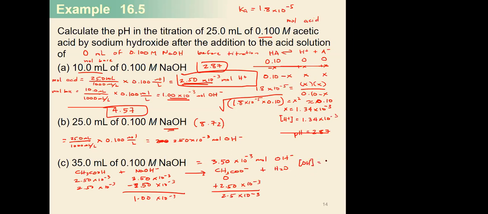So you have that moles divided by what volume? 0.06 liters, so it is 35 plus 25, divided by 1,000, which is 60 over 1,000.